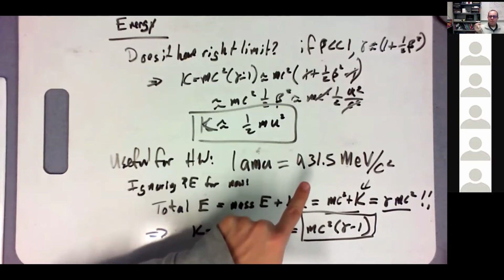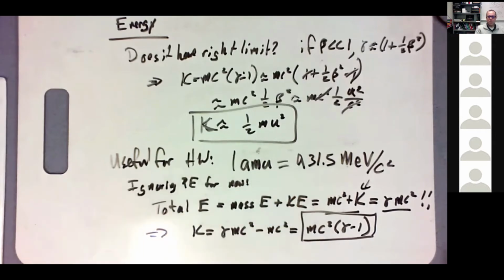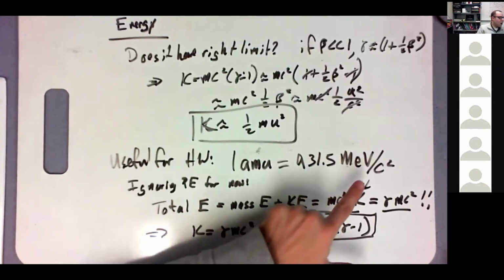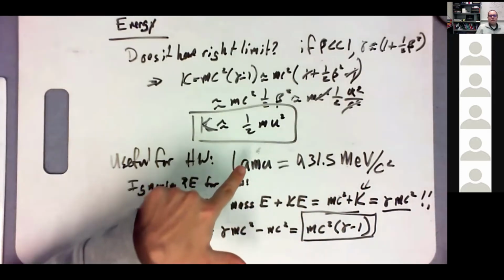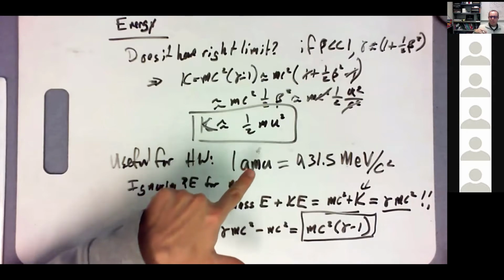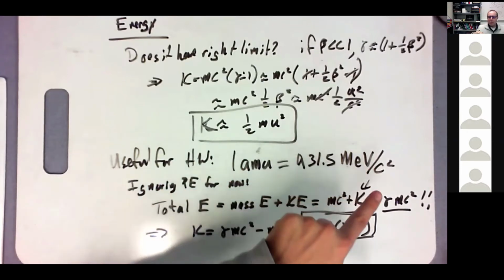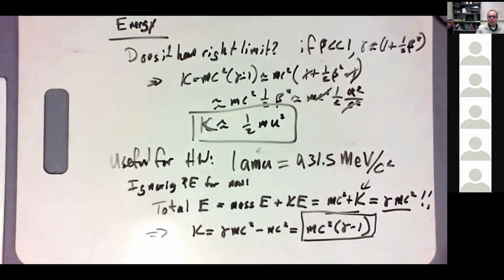So that's going to be a helpful number to have in your toolbox as you're working through homework this week. You don't always have to multiply through by c squared. Sometimes, if you have an mc squared, it's helpful to divide everything by c squared and just work in this MeV over c squared, basically a mass unit space. Okay.